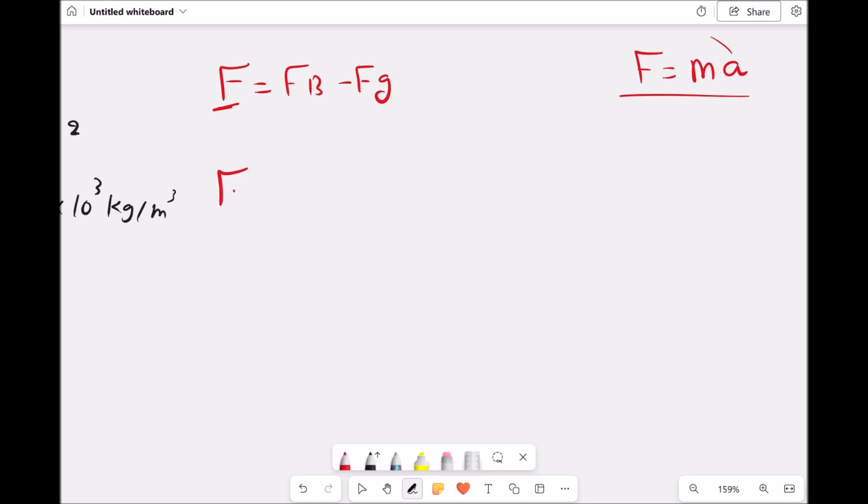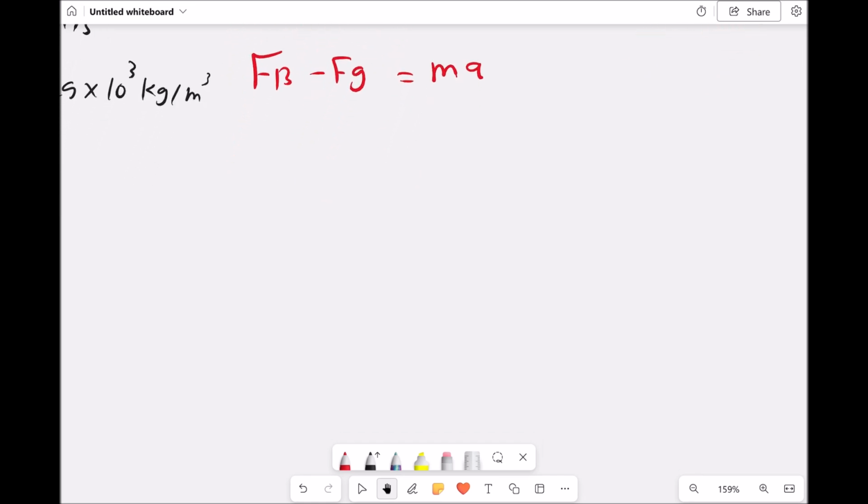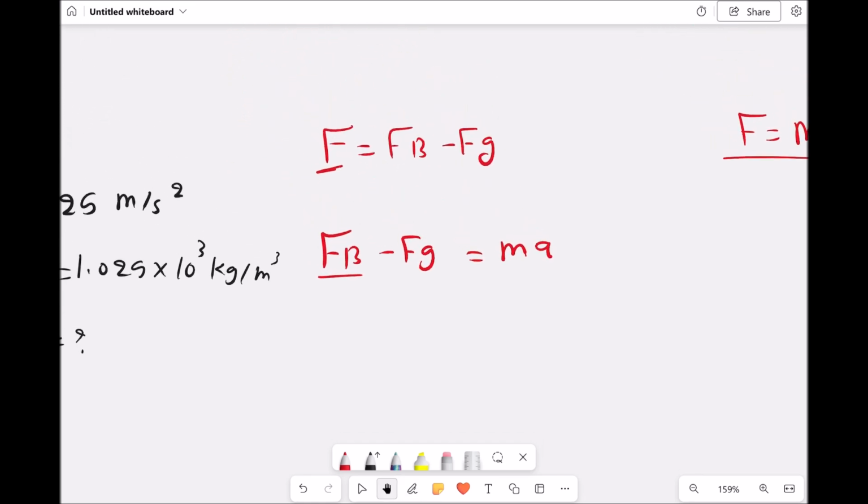Now I can say FB minus FG is equal to mass multiplied by acceleration. Now instead of writing buoyant force, this is the fluid's part. Let me write this, and this is the object's part.